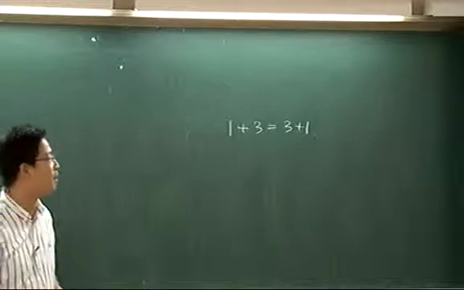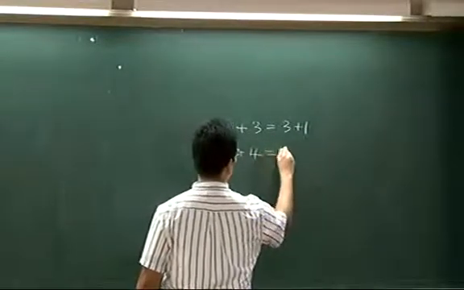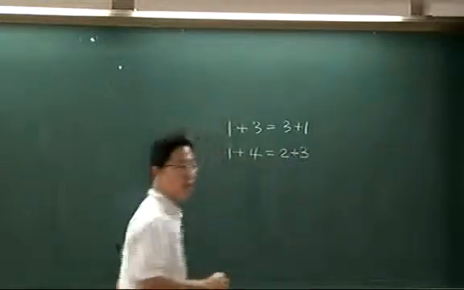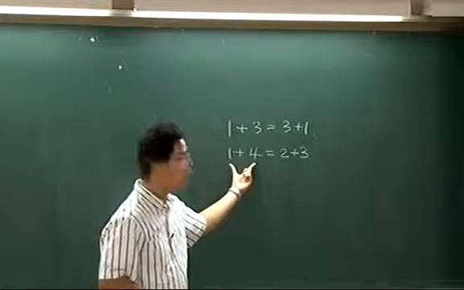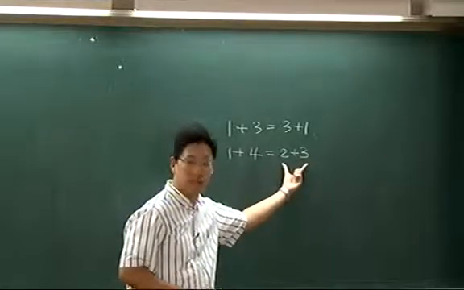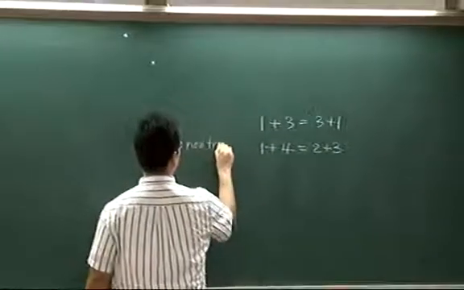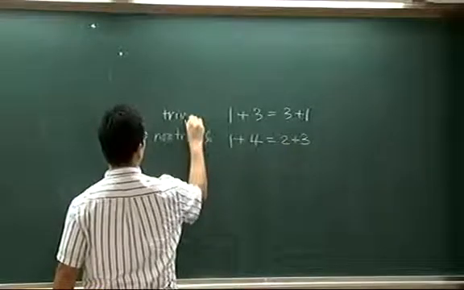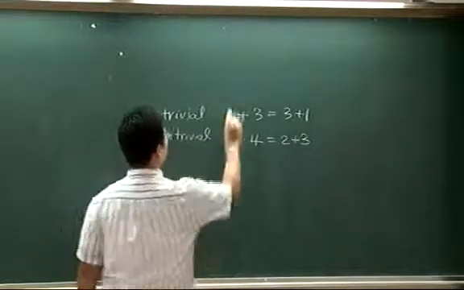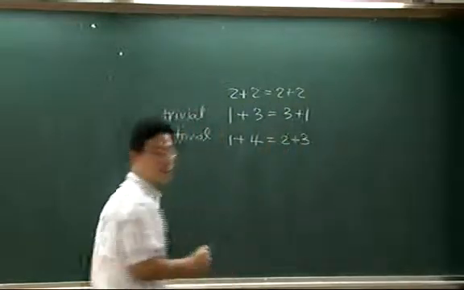So we don't think about this kind of case. But if you think of this solution, then the set {1, 4} is different from the other set {2, 3}, so this is a non-trivial solution. This kind of thing will also be a trivial solution.